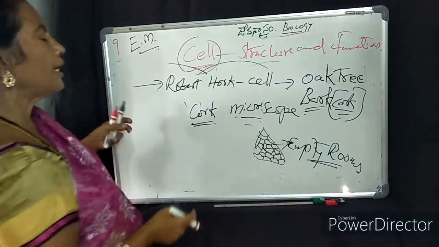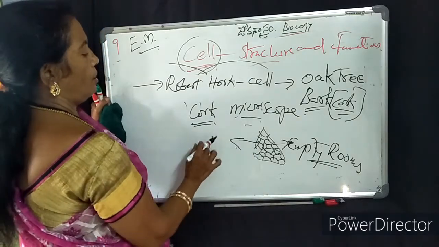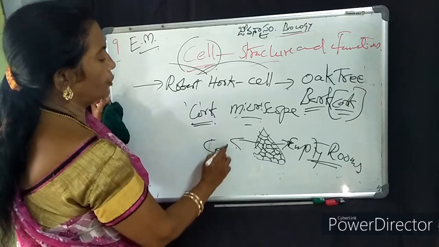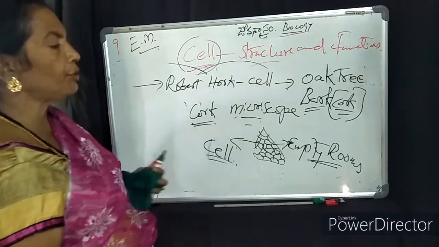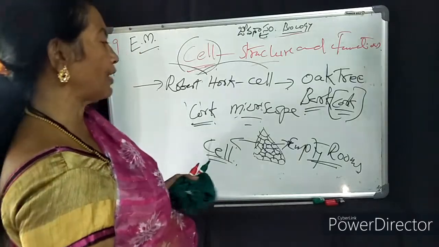He has given this name cell. Each room is a cell, empty rooms. He has observed this because it is a cork, it has no life at all.